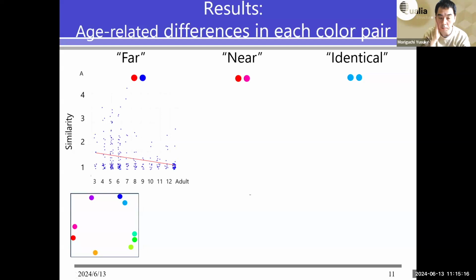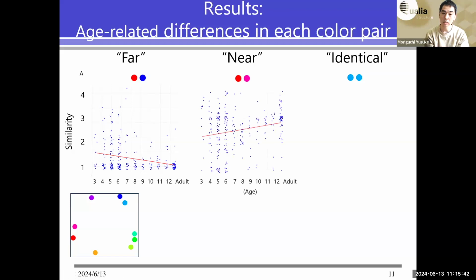In the far color pair group, generally, adults rated dissimilar compared to the young children. So this red and blue is clearly different, so it is natural that adult participants rated dissimilar. But compared to adults, children show some similarity for this color pair.